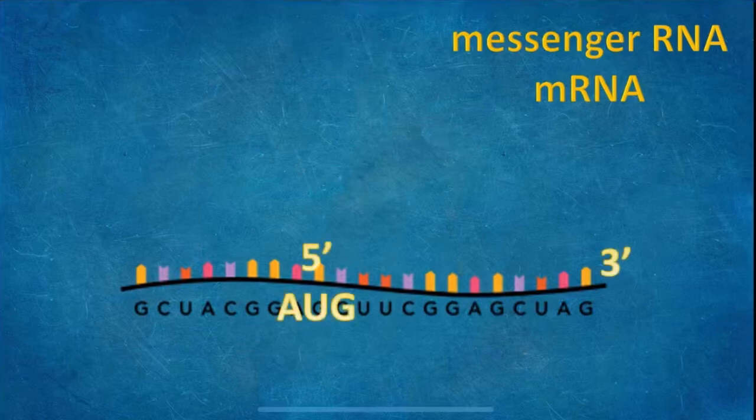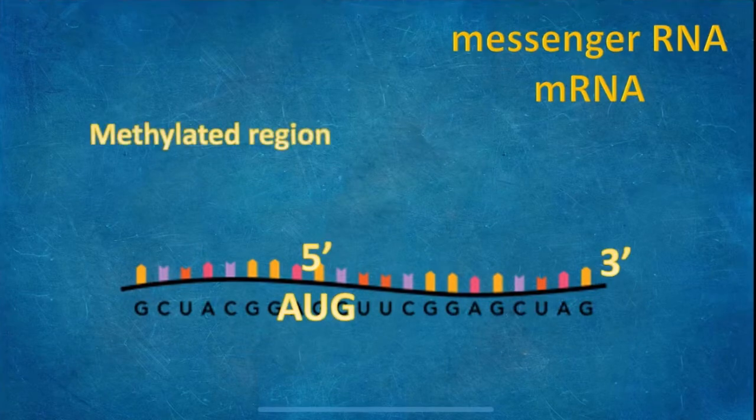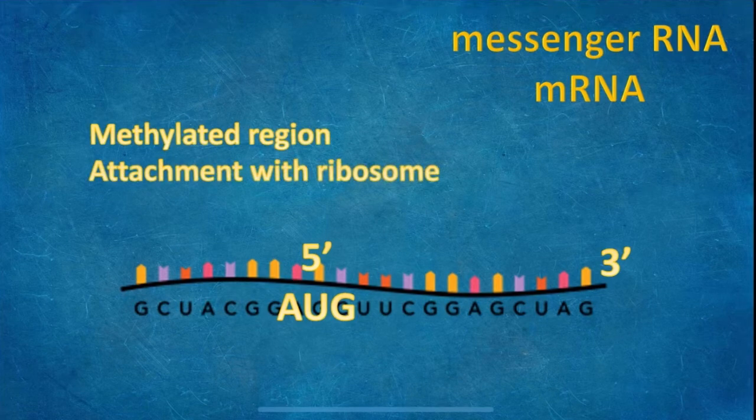Then there is a starting area on this mRNA, coded as AUG, which typically codes for methionine, the amino acid. This is the attachment site for the ribosome.